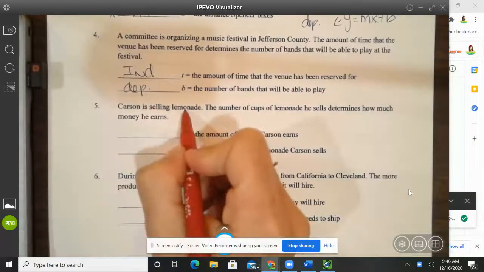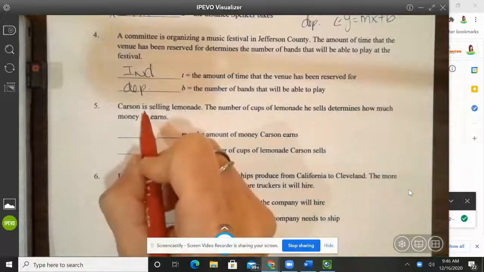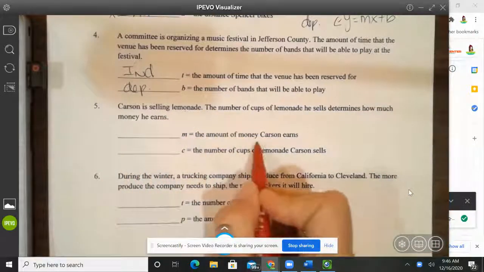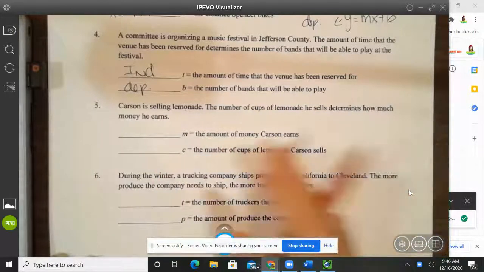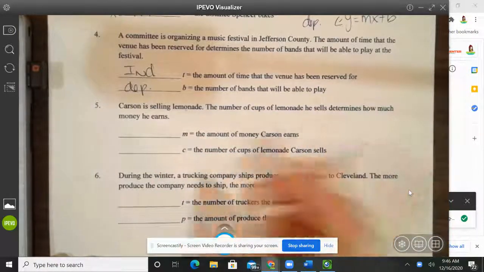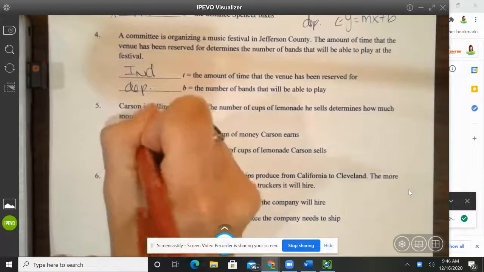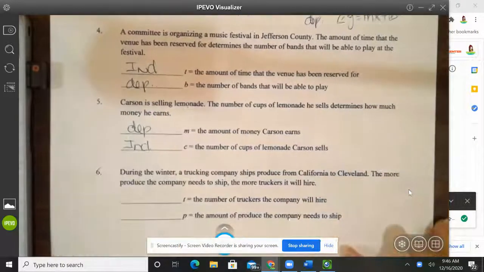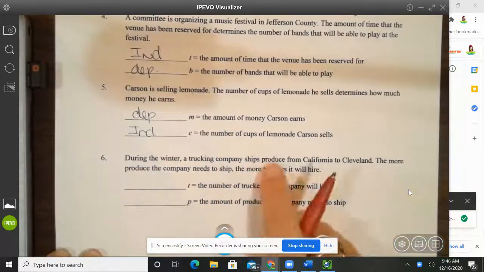Carson is selling lemonade. The number of cups of lemonade he sells determines how much money he earns. So the total money he earns is definitely going to be dependent on how many cups he sells. So this is the independent, and this is the dependent. Okay.